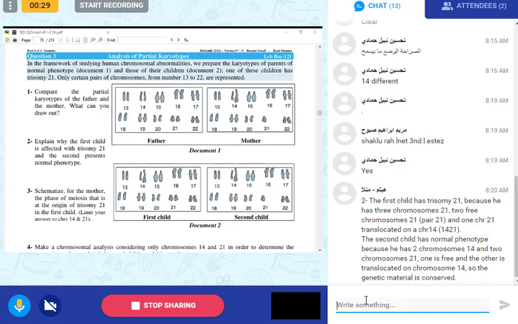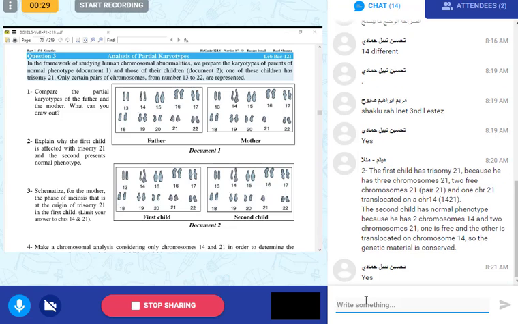The second child has a normal phenotype because he has 2 chromosomes 14 and 2 chromosomes 21. One is free and the other is translocated on a chromosome 14, so the genetic material is conserved. That's why he looks normal. You get it?